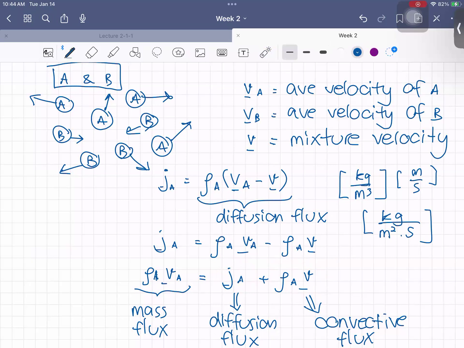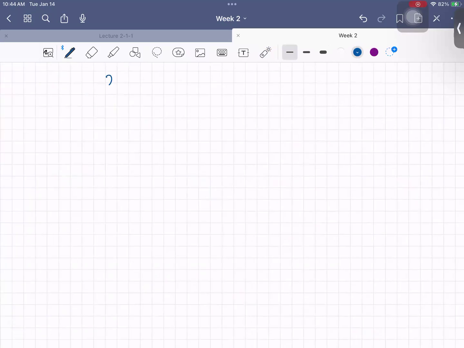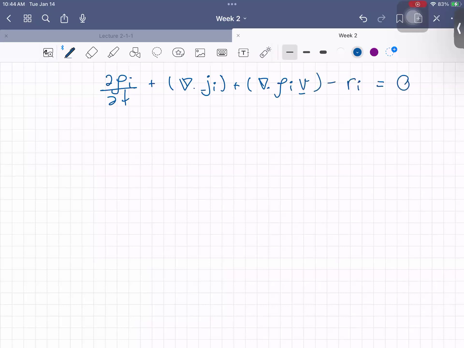So replacing in the previous equation, it will be d rho_i over dt plus del dot j_i, small j now, which is a diffusion flux, all right? Plus del dot rho_i v minus r_i equal to 0, okay? And please remember that all these terms here are scalar, all right?